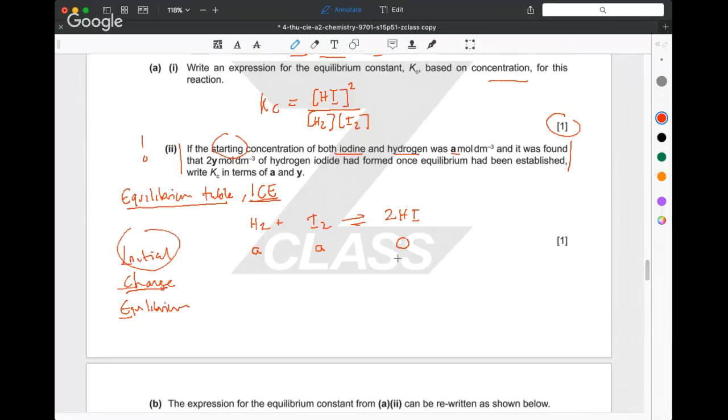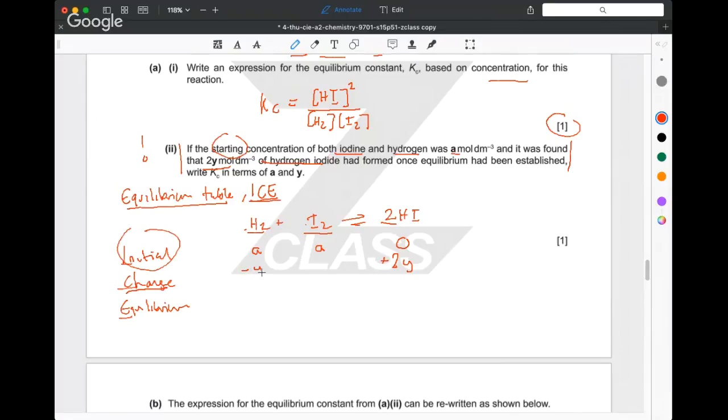Well, what changed was that the examiner tells you that 2Y moles per decimeter cubed of hydrogen iodide were formed. So that was the change in the reaction. And so for the change for hydrogen and iodine, can you see there's a stoichiometry of 2, 1, 1 there? So you got 2Y made of that.